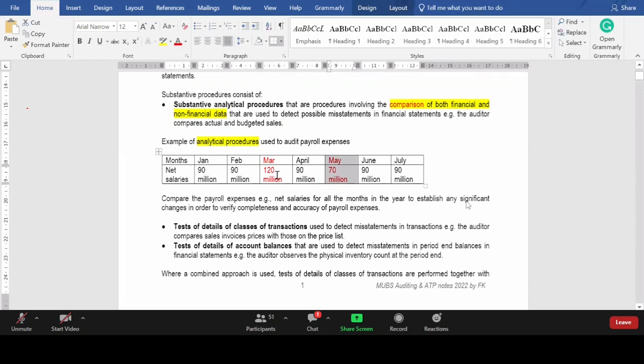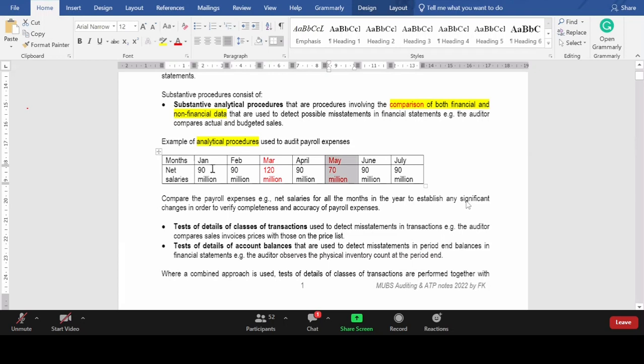So these 2 months, May and March, have issues. So analytical procedure just compares. When you compare, you get to see the significant fluctuations, the significant increases and decreases, which could be points of concern. And they're showing you where the risk could be.